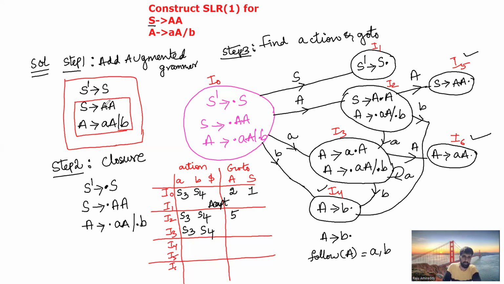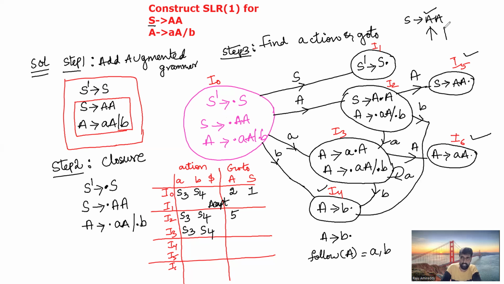Now we find this one as a first. Again we can find this one also: follow of capital A is follow of capital S. When you have this S tends to A, first we find the follow of capital A. Yes, here I have capital A, and first of capital A is A, B. I completed this one.